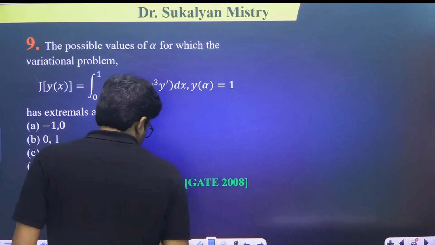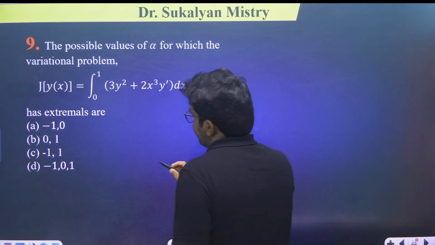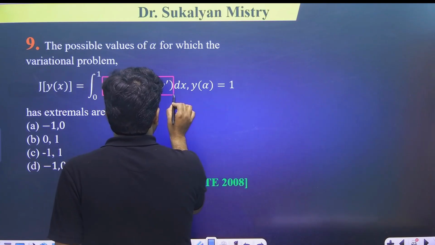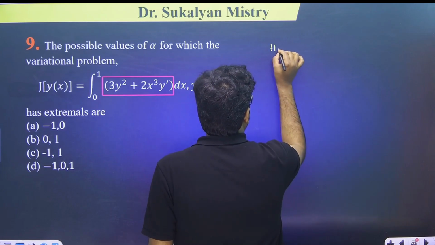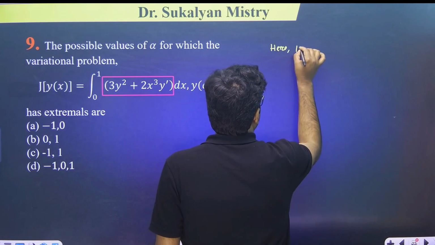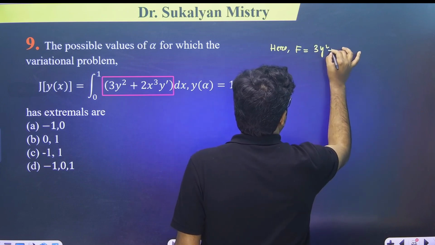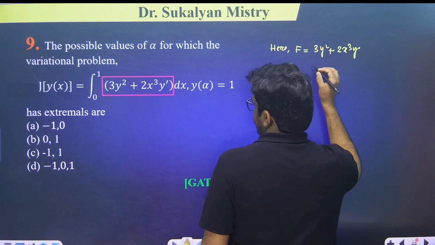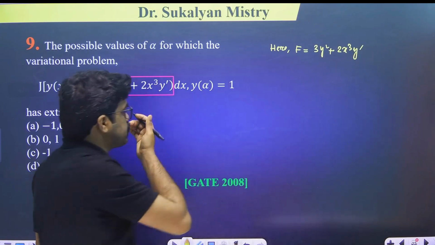Okay, so here f is equal to, what is f? Here f is this, right? So here f is equal to 3y square plus 2x cube y dash. So this is f.